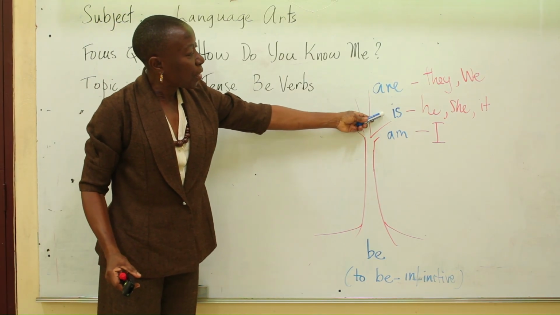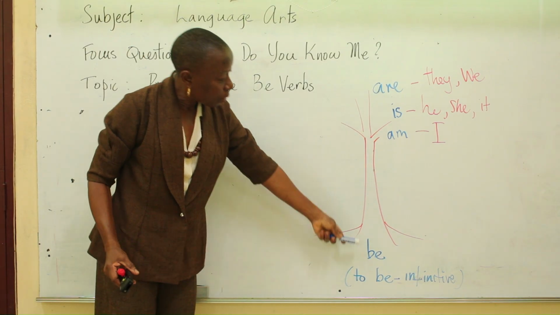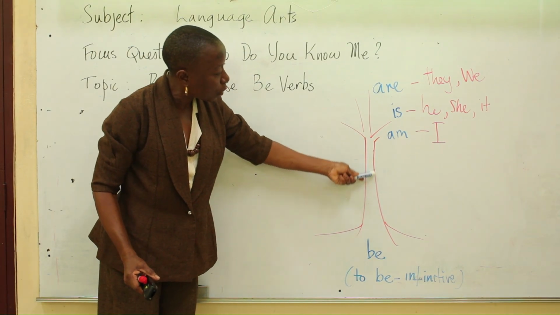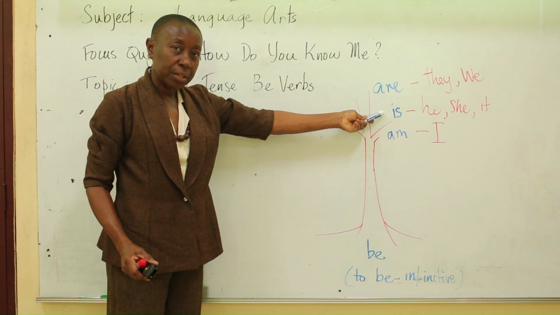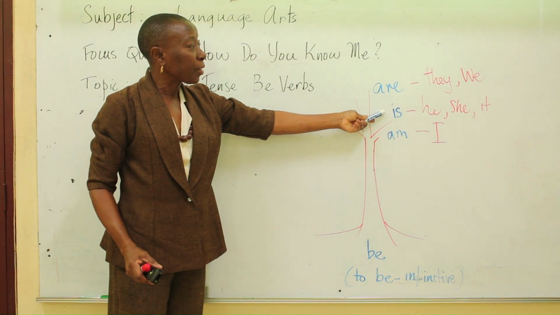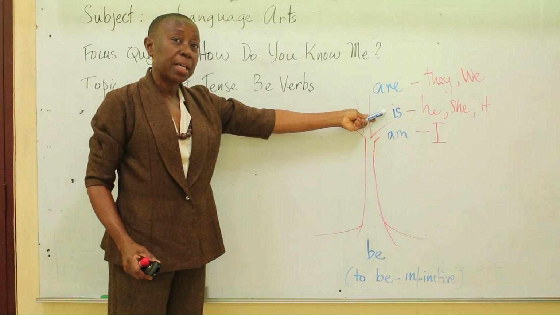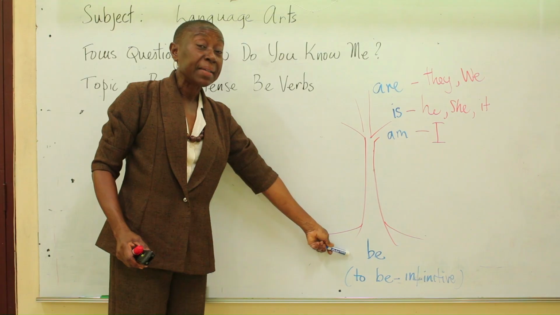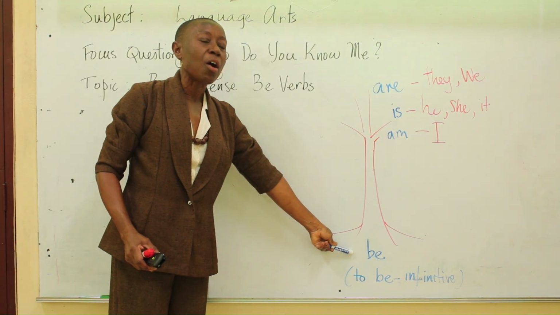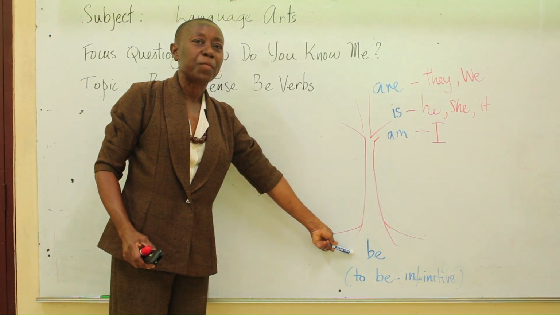All these three verbs that grow out of the root verb are present tense. These are the three present tense verb words that come from be, and they have no action, but they account for existence in the environment.